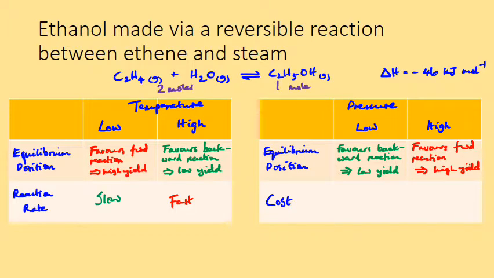Okay, so why don't we just crank up the pressure then? Well, the thing about high pressure is that the high pressure vessels are very expensive. They require thick, strong steel, and the pumps that are required to make that pressure need to be very powerful and therefore very expensive, and the gaskets that seal all the joins in the equipment need to use very expensive materials.